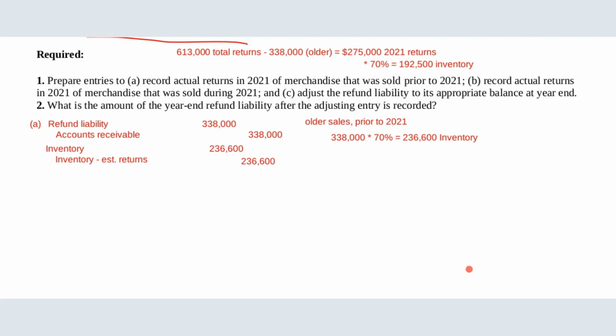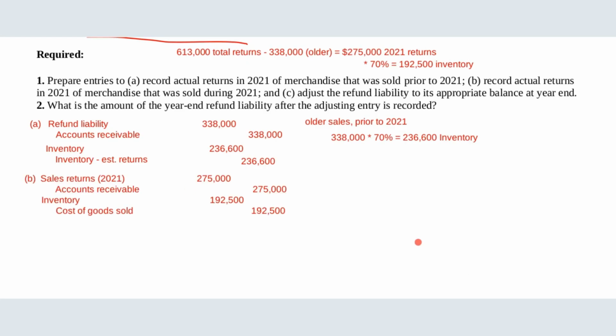And then we are going to debit inventory for 192,500 and credit cost of goods sold. So we're reducing the balances in the cost of goods sold and accounts receivable by the merchandise that was returned in the current year, because we haven't closed the books yet, right? So we can go ahead and make these adjustments.